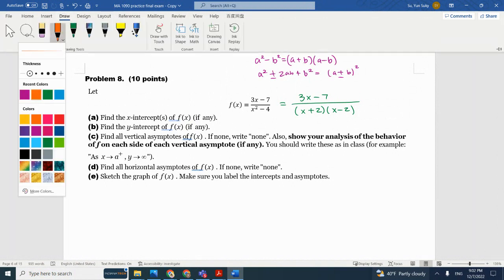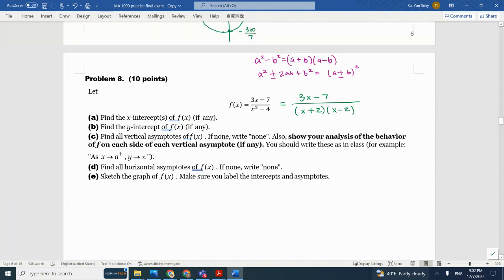Keep going. Part A, x-intercept. So set the numerator, which is 3x minus 7, equal to 0. Then we solve for x.